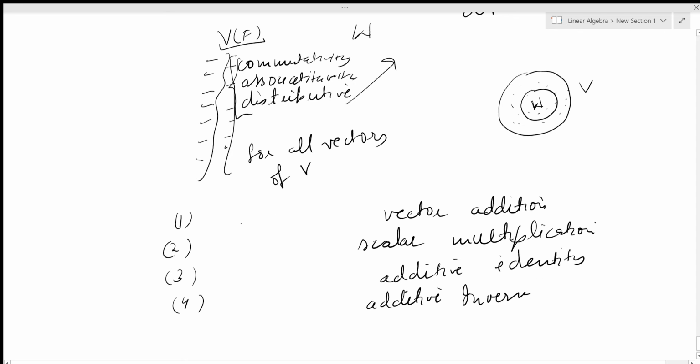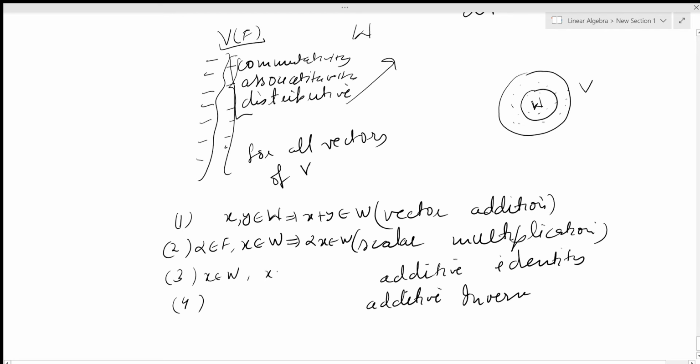Now what is vector addition? That is, if x and y belong to W, which implies x plus y belongs to W. Scalar multiplication is if alpha belongs to F and x belongs to W, which implies alpha x belongs to W. Additive identity is if x belongs to W, then x plus 0 is x.